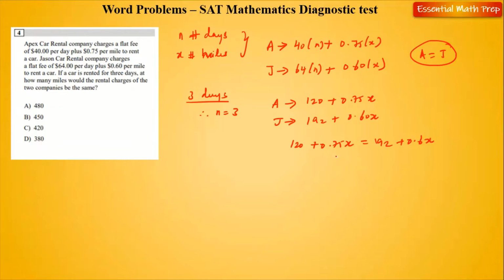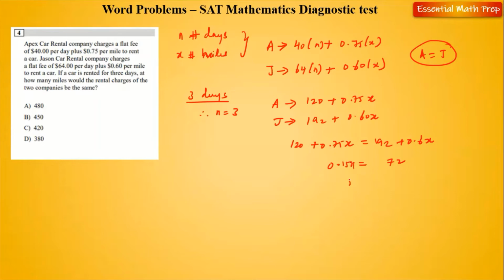So 192 minus 120 is 72, is it? And 0.75 minus 0.6 is 0.15, right? Yeah, 0.15.